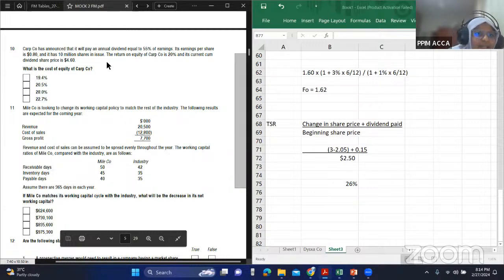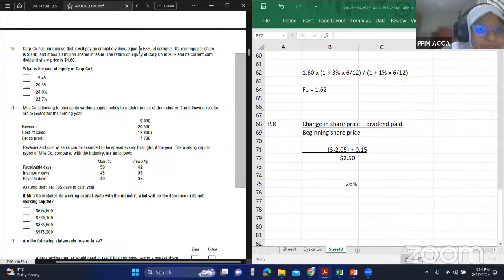So they're saying it will pay an annual dividend equal to 55% of earnings. The earnings per share is 0.8. It has 10 million shares. The return on equity is 20% and the current cum div share price is 4.6.